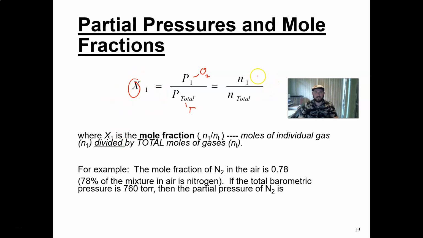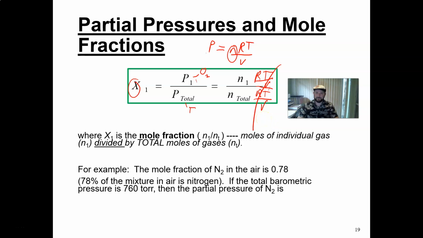This works out because the pressure for a particular gas is nRT over V. If we have a mixture of gases, the only thing that's different is the n. So if we have pressure 1 over pressure 2, the only difference would be n1 over n2, because R, T and V cancel, RT over V over RT over V just becomes 1. So those mole fractions allow us to do certain things.